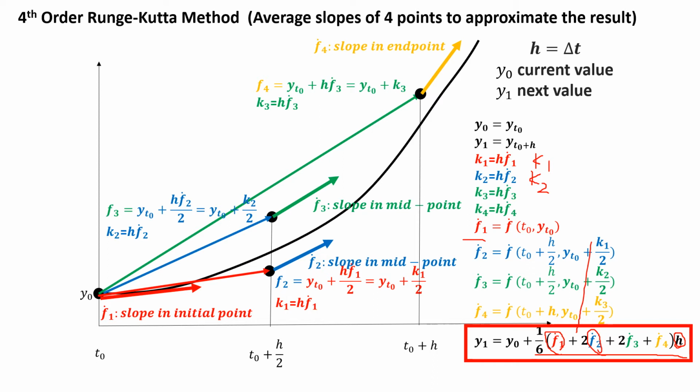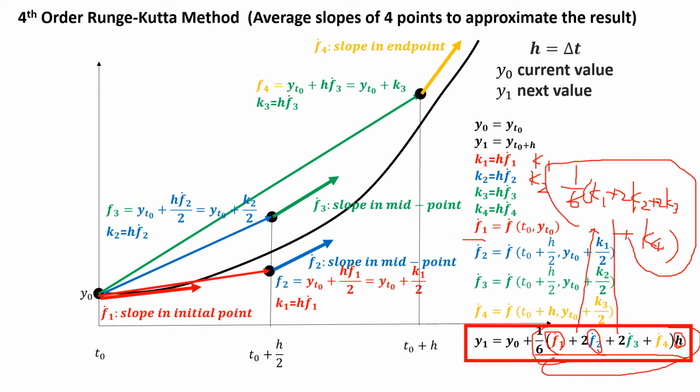So this equation here should become 1 over 6 of k1 plus 2k2 plus 2k3 plus k4.